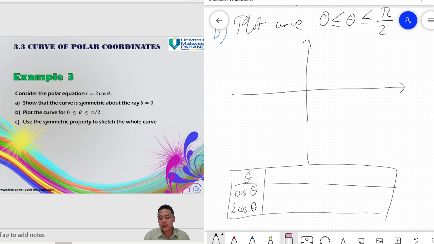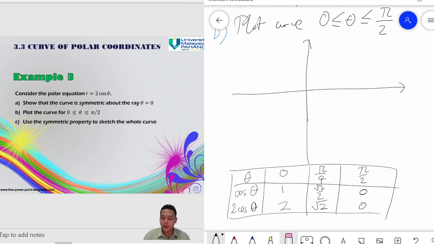Right now it only asks for 0 and also pi over 2. If I want to make more sure, it will be pi over 4 here. Okay, so cos theta sama kosong ialah 1. Pi over 4 is square root 2 over 2. And also this one will be 0. You multiply with 2, this will be 2, square root of 2 and also 0.